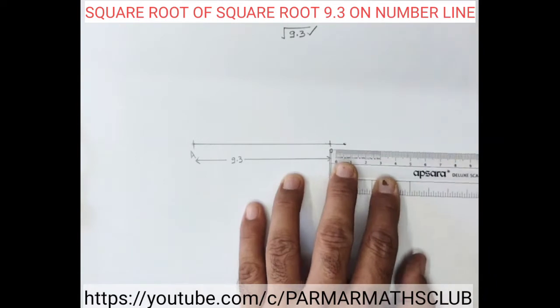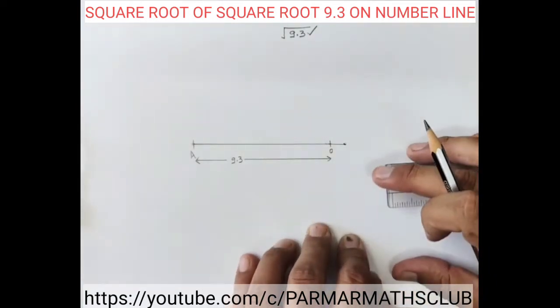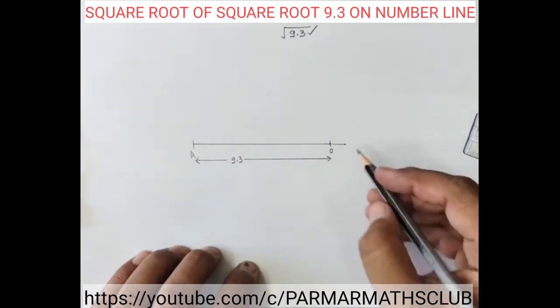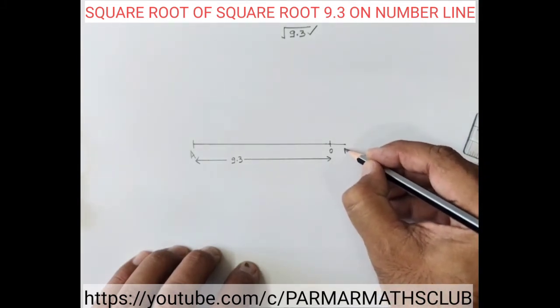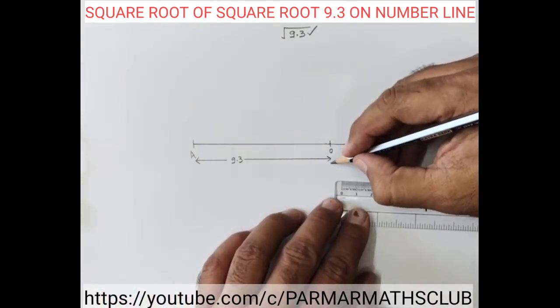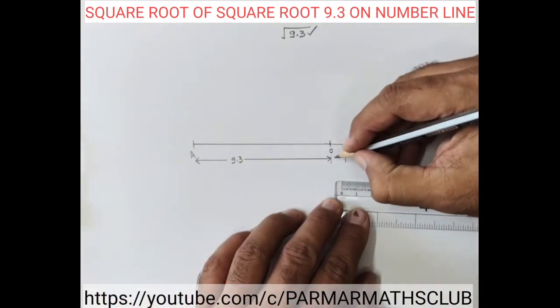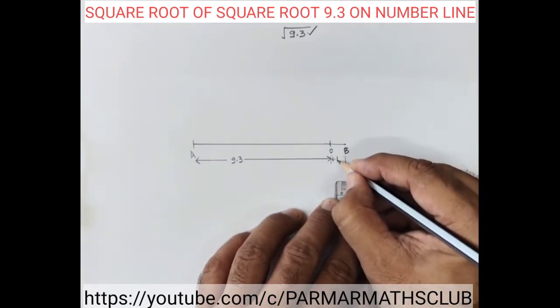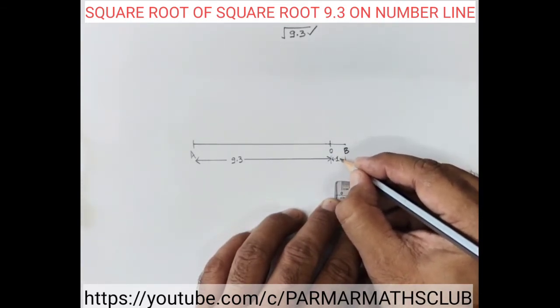This point is marked as, suppose, B. This is the second step, in which we extended this line segment by 1 unit. So this actually is 1 unit.